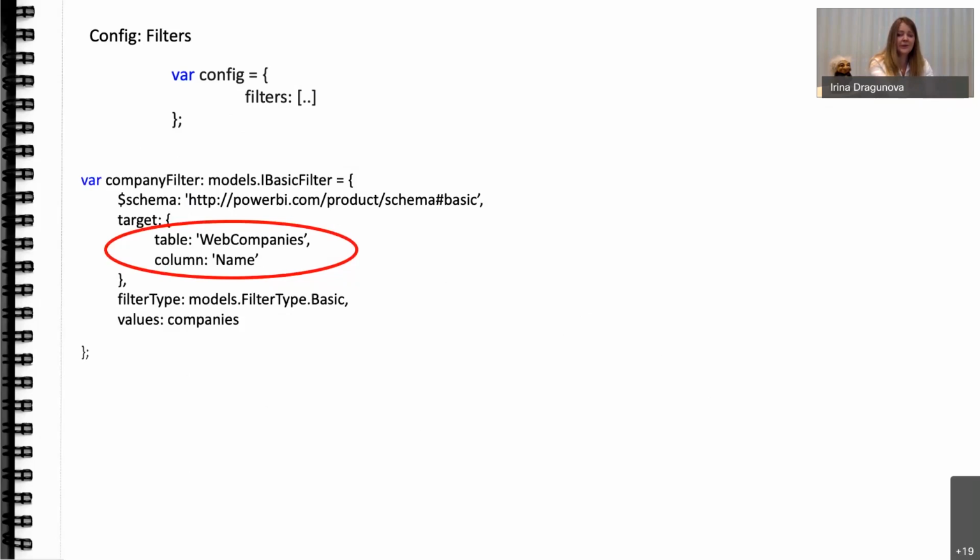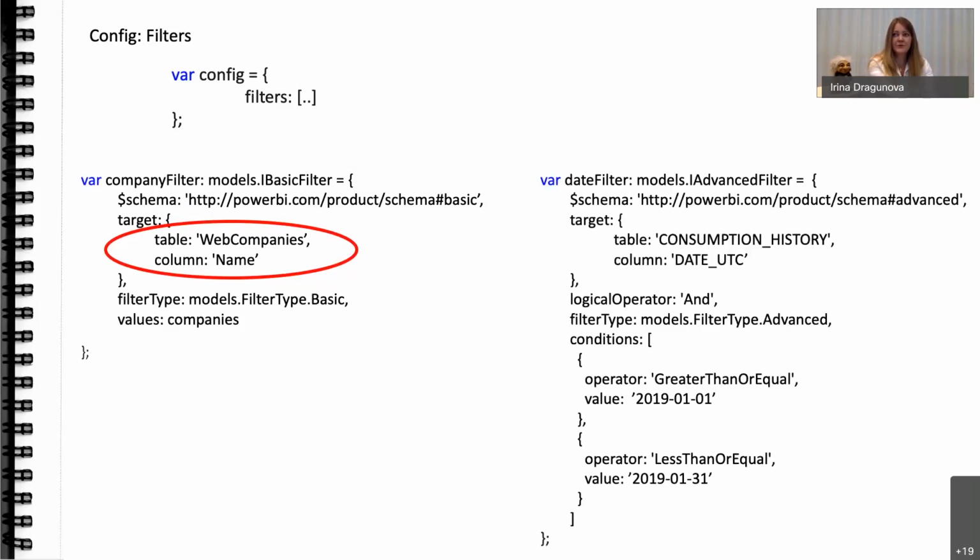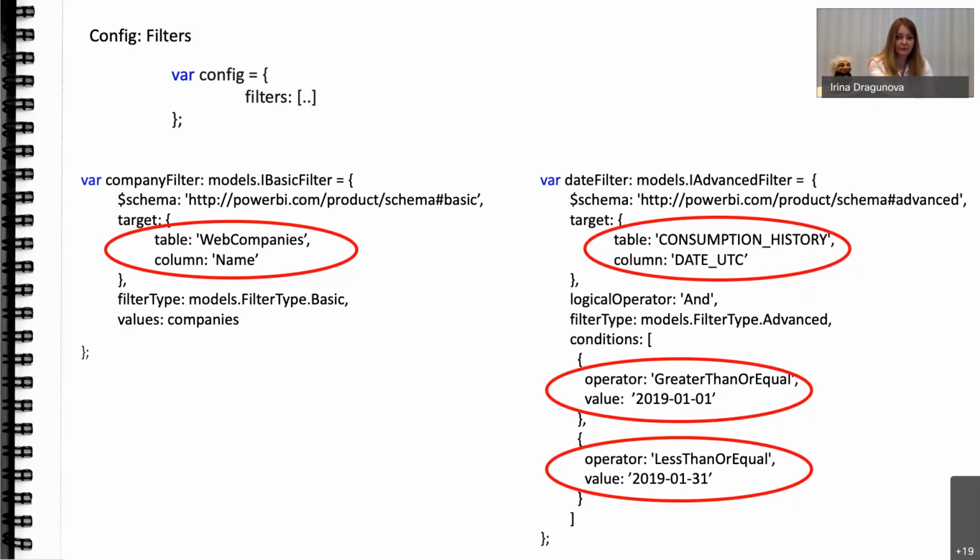By doing this, we can select the data for different companies. We also have the advanced filter, which can set the range in which the data will be shown. In our example, you see we want to show consumption data only for January 2019. Then I take the data from the consumption history table and set the range.